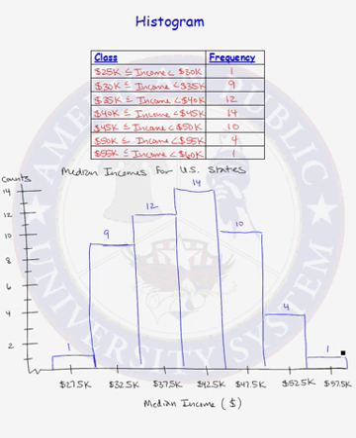The center of the distribution would be somewhere around $40,000. What is the spread? The spread is somewhere between 57.5 minus 27.5, or $30,000. And are there outliers? There do not appear to be any outliers from the histogram of our data.